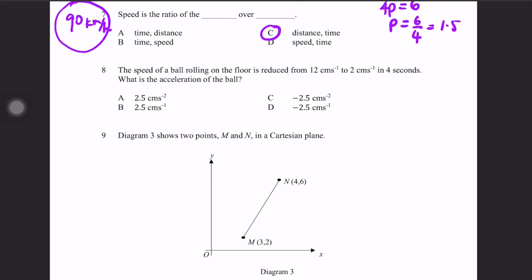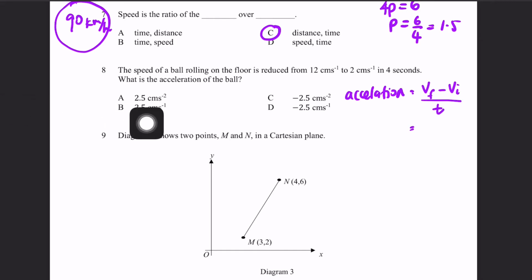Okay, so remember acceleration is equals to change in velocity divided by time. Okay, or we can say that velocity final minus velocity initial divided by time.